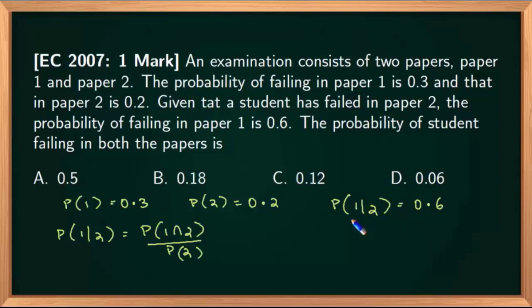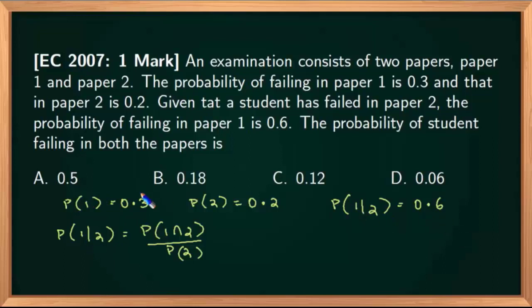Now, though it is not required for this problem, directly you can say that P of 1 intersection 2 is not P of 1 into P of 2, right? Because when two events are independent, P of 1 given 2 will be P of 1 itself.